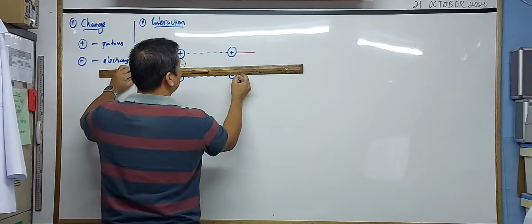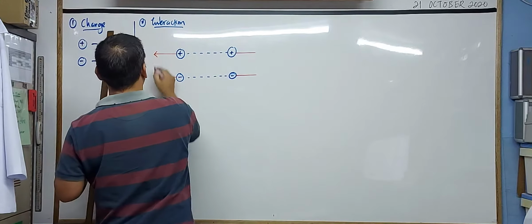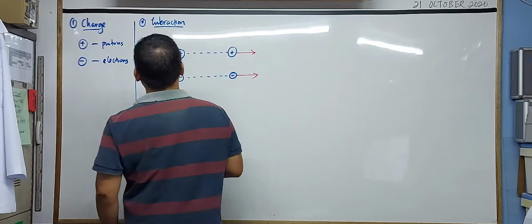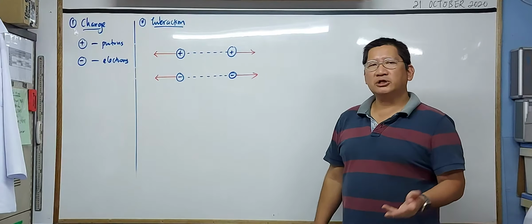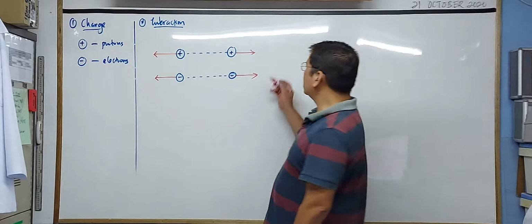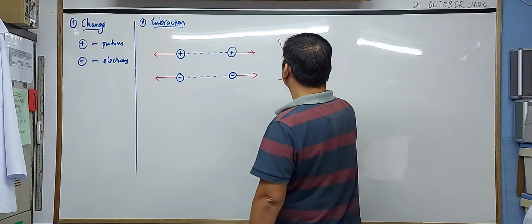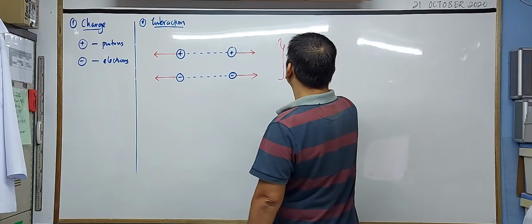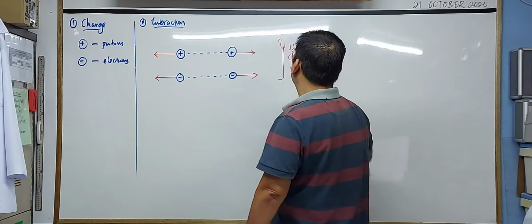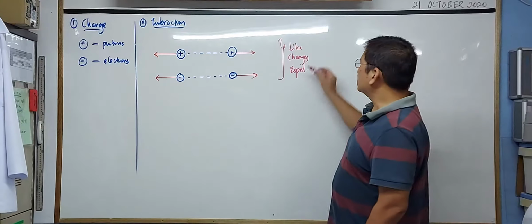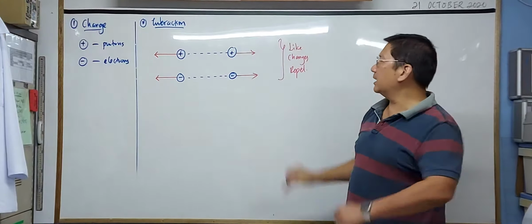The same thing happens to electrons. We call this the same type of charge that repel, or like charges repel.